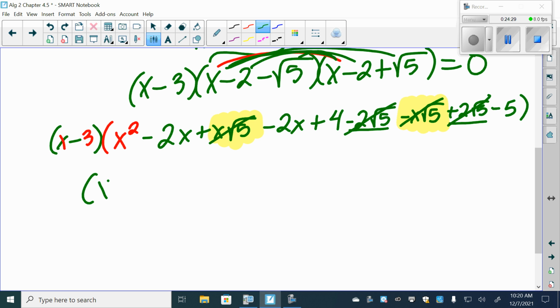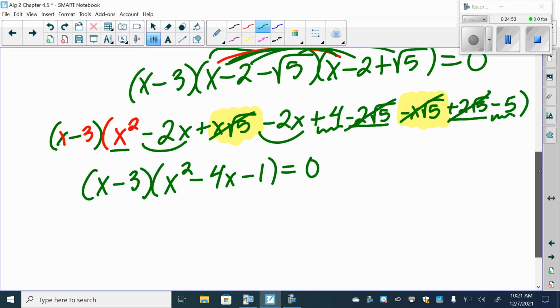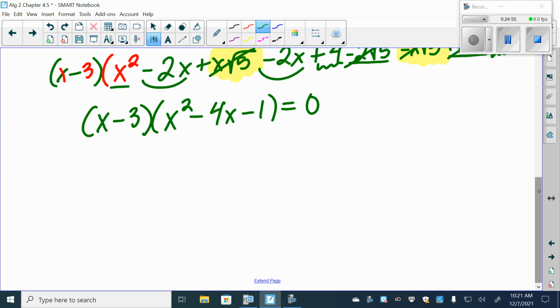Because we still have the x minus 3. Here we've got x squared, because it's by itself. Negative 2x and negative 2x would give us negative 4x. 4 minus 5 is negative 1. So after we finish that, we end up with a trinomial. We end up with 3 terms.